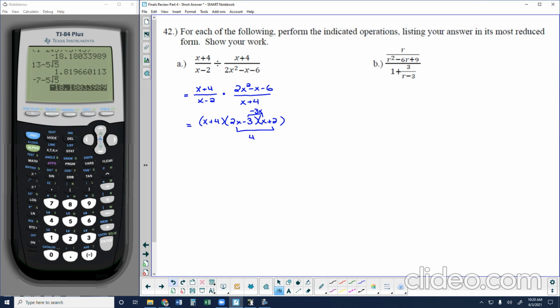That would be 4x. Sorry, I switched my signs. 2x plus 3 and x minus 2. So this would give me negative 4x and positive 3x, which does give me the negative x in the middle. So here I have a factored version of 2x squared minus x minus 6.